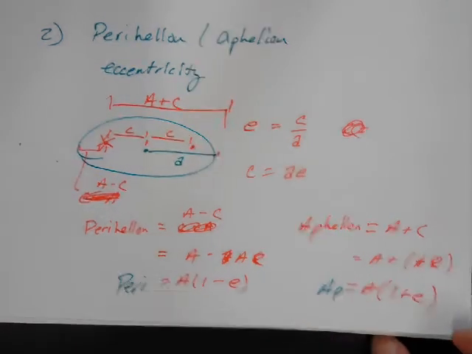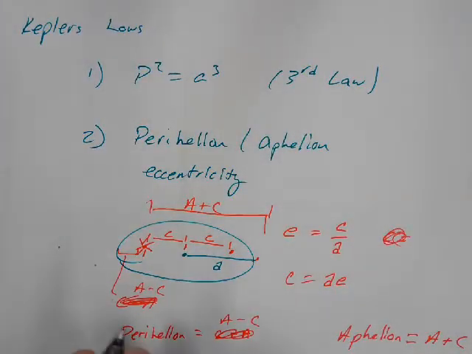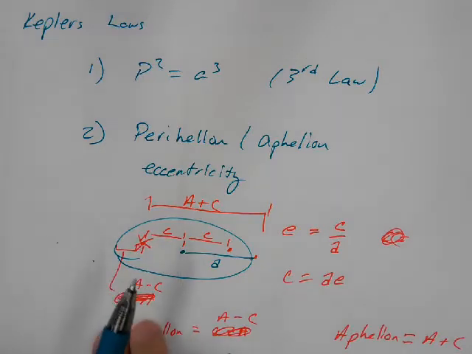So we want to start out with some planets, and we want to calculate, based on the numbers we know, the stuff we don't know. Then we can figure out the information that we need. So let's look at Venus.